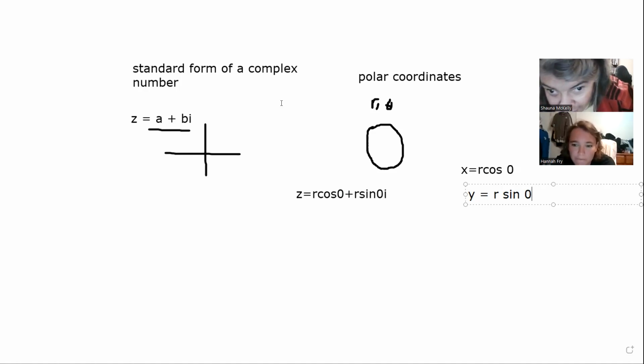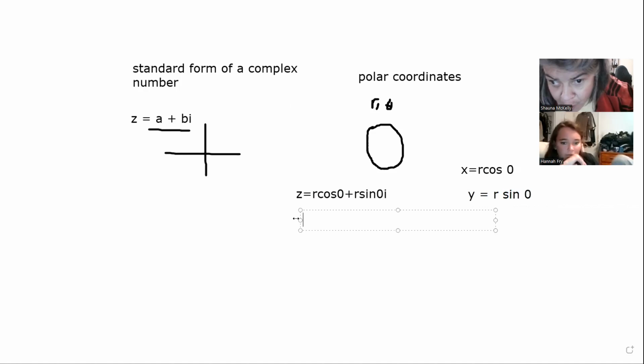Yeah. And then we got to this. This is what we call complex form. Now, we do a shorter form of this. Typically you'll see R, because these both have an R, and then cosine theta plus I sine theta.